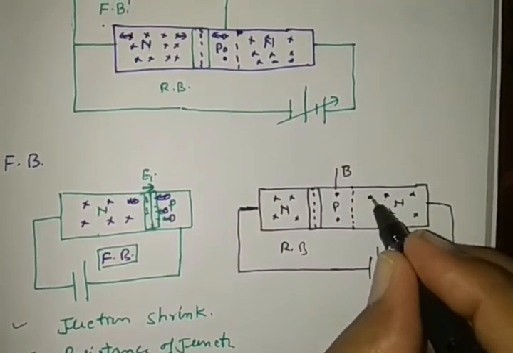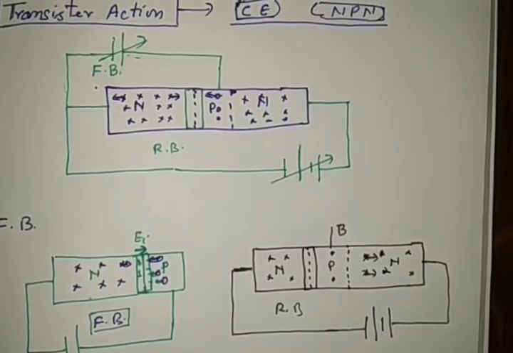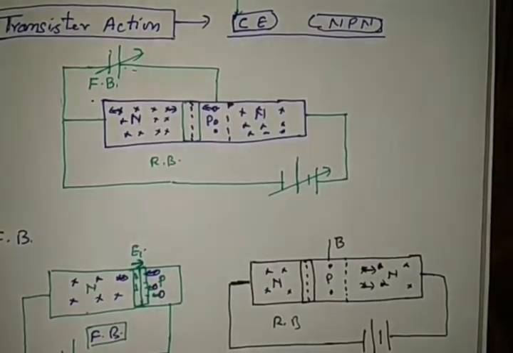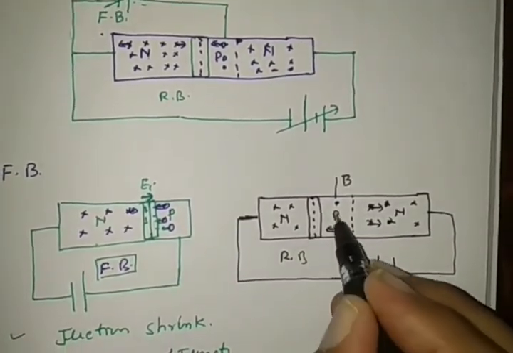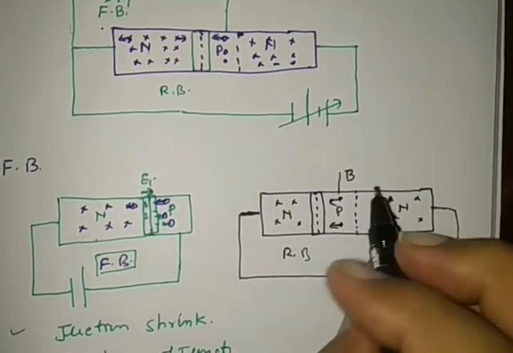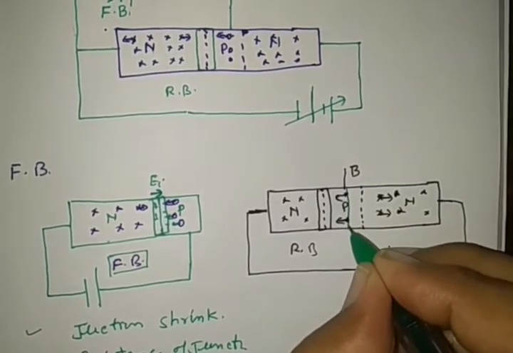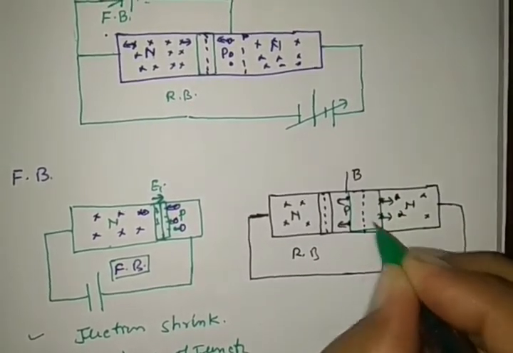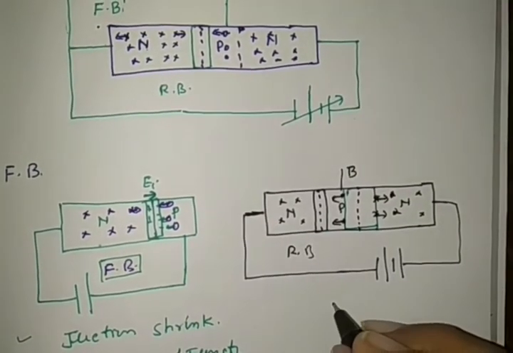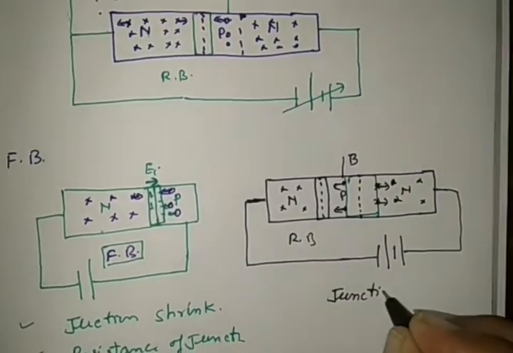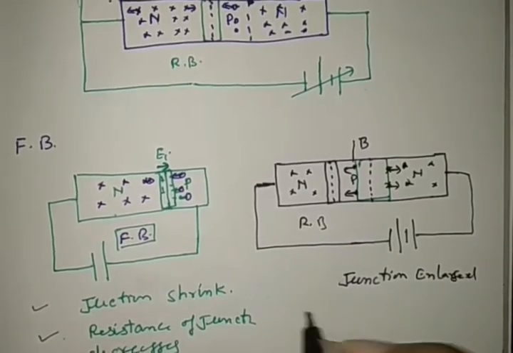Electrons, which are majority charge carriers, are attracted towards the positive side, and holes this side. In that condition, the size of the second junction here becomes wider, larger. So what happened to your junction? Enlarged, right?